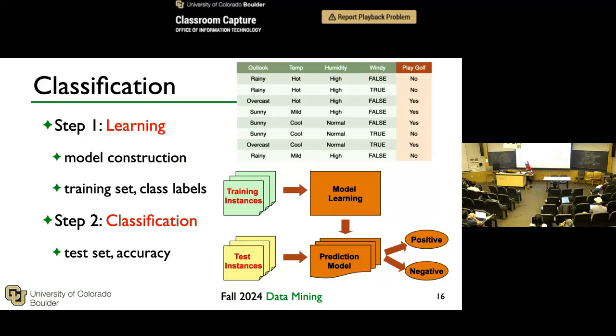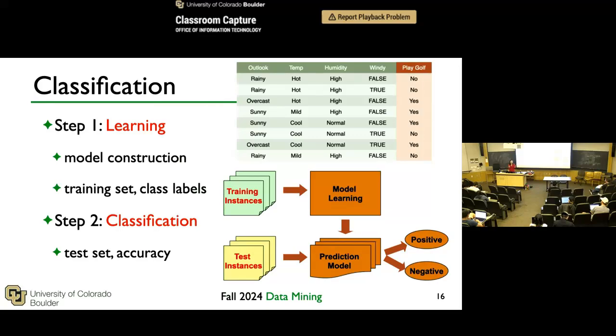So apparently it's very important that these two are separate. Can you use the same set for both? Why not? If you already know the label, what's the point of building the model? So it's very important. It seems straightforward, but if you're not careful, you may be making that mistake.